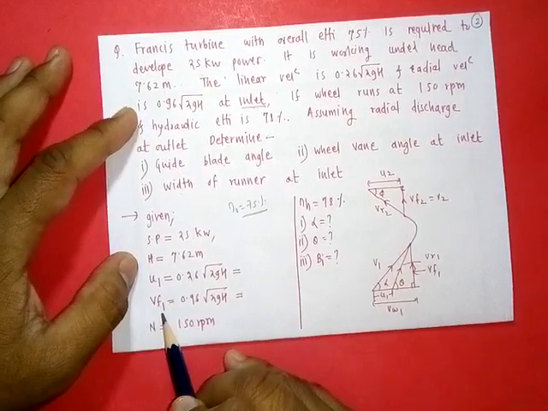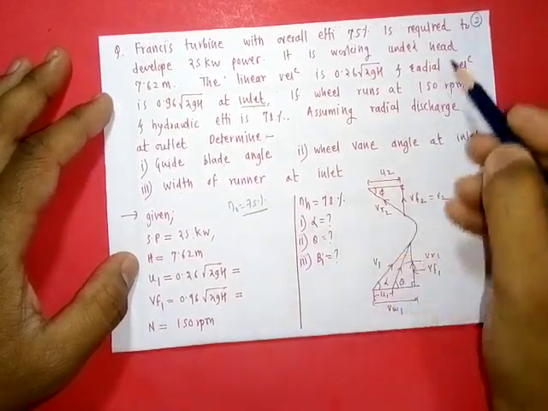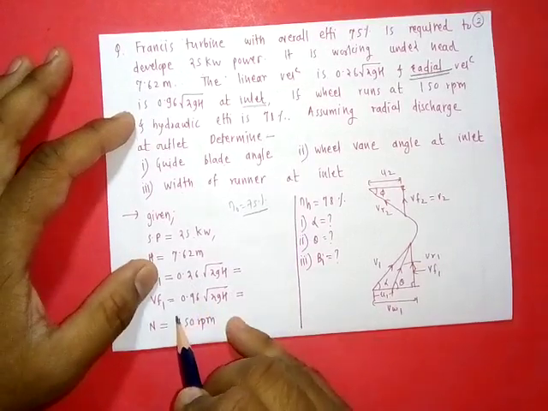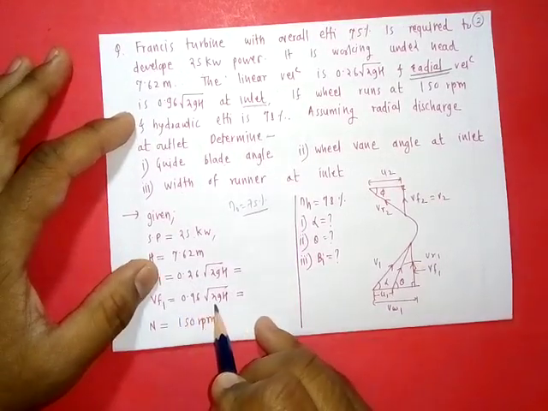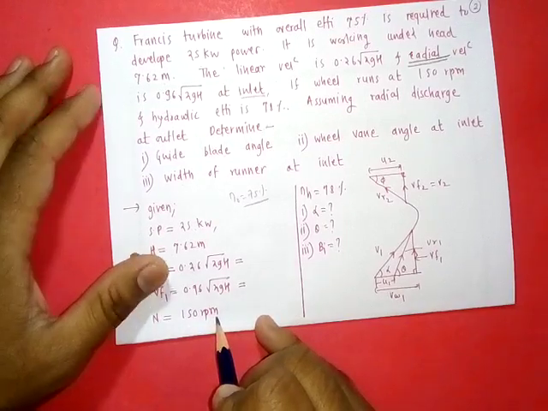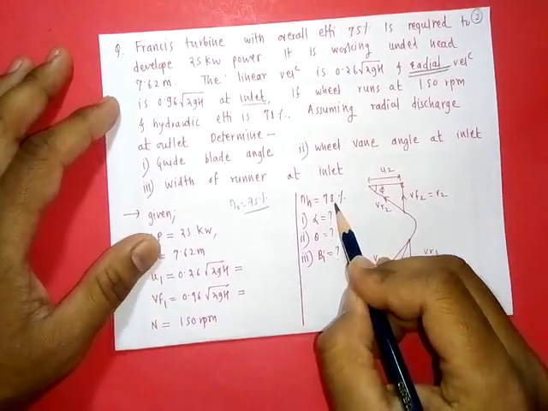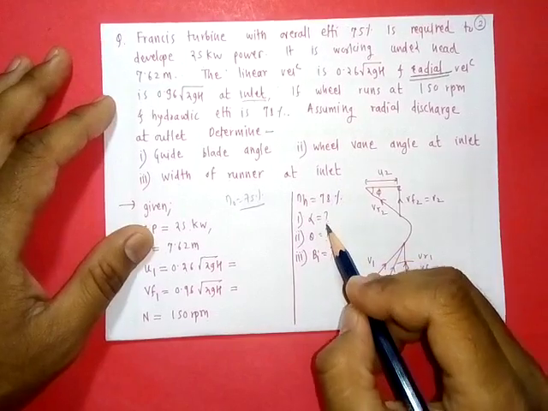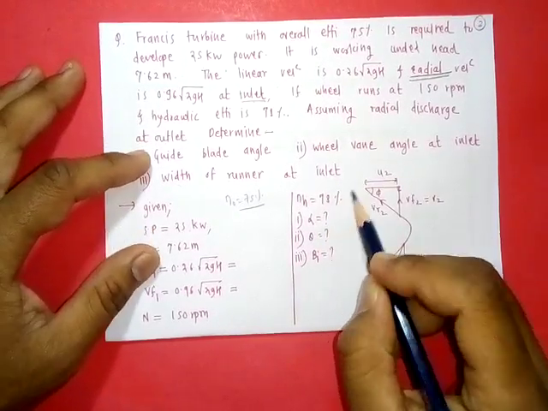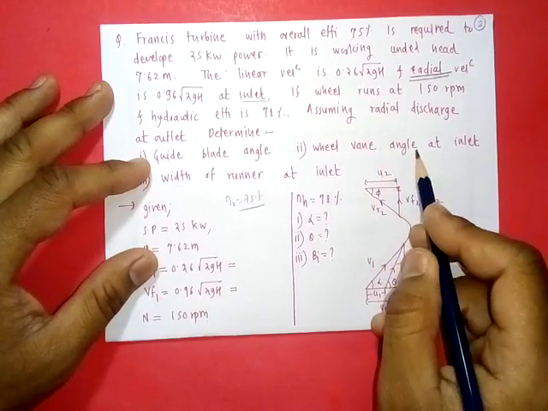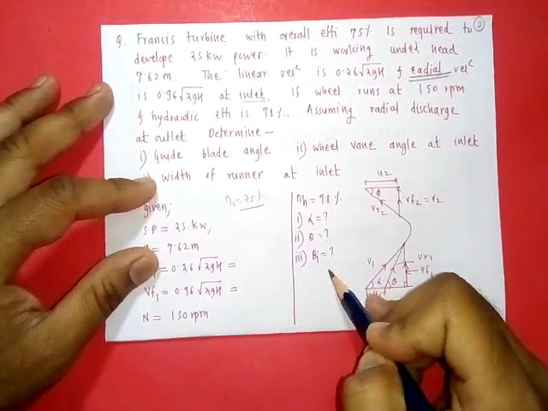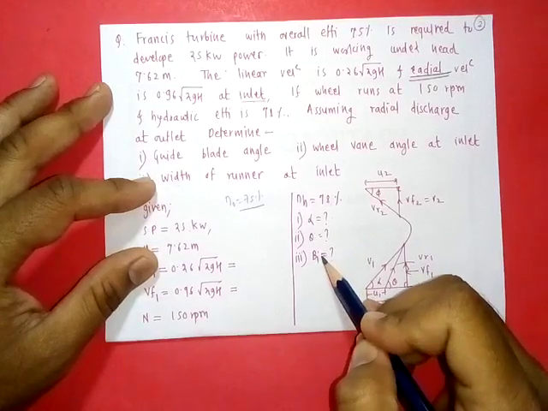Same for velocity of flow at inlet: radial velocity, that is velocity of flow at inlet, is 0.96 under root 2gh, and speed is given as 150 rpm. Hydraulic efficiency is also given as 78%. And they have asked us to calculate alpha, that is the guide vane angle, the wheel vane angle at inlet, that means theta, and the width of runner at inlet, that means b1.